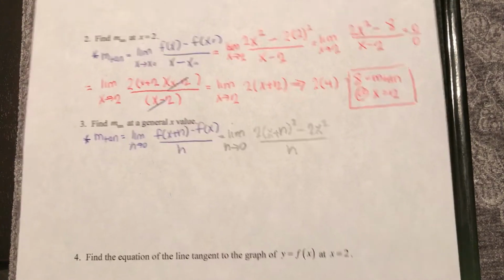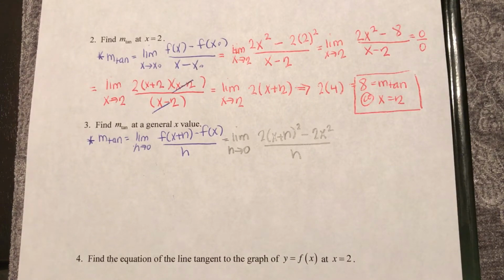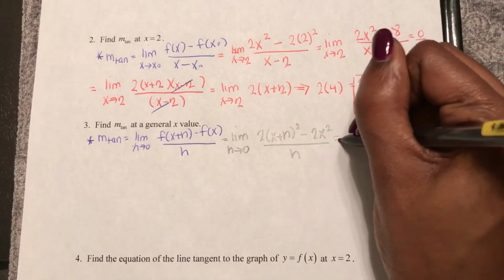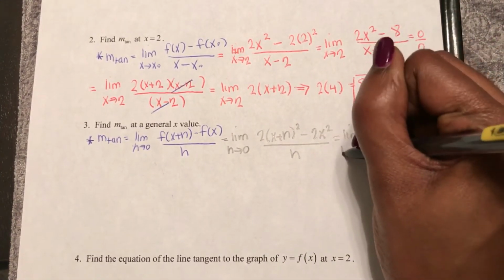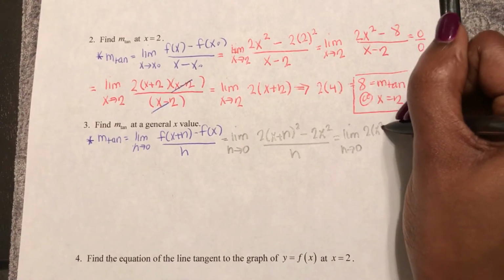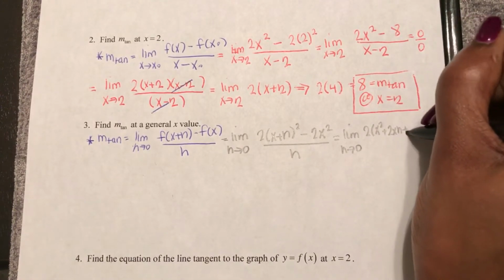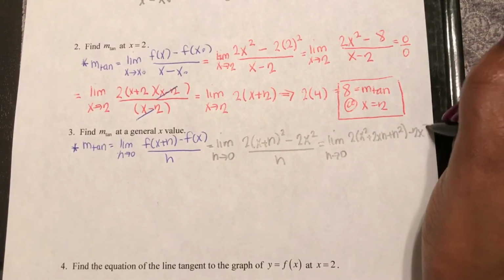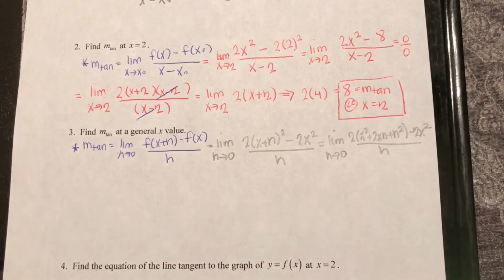So if I FOIL this binomial, I have the limit as h approaches 0 of 2 times x squared plus 2xh plus h squared, minus 2x squared, all over h.